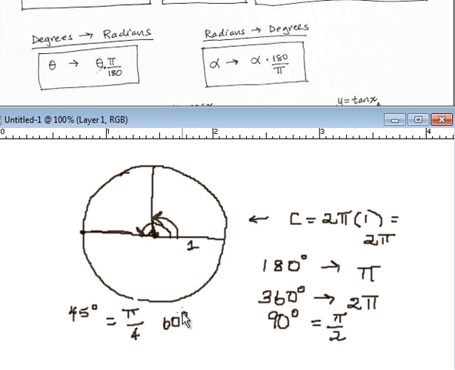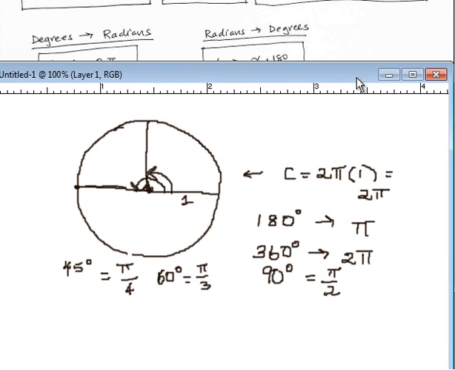No, wait a second. 120 degrees is a third of a circle. 60 degrees is 1/6 of a circle, so that's 2 pi over 6, or pi over 3. And what about 30 degrees? That's half of pi over 3, so that's pi over 6.